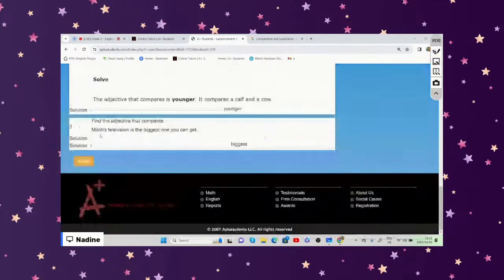And then Mitch's television is the biggest one you can get. So biggest. Is biggest a comparative adjective or a superlative adjective? It ends in est.